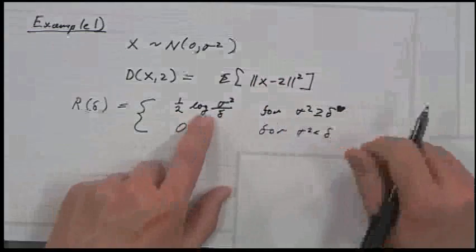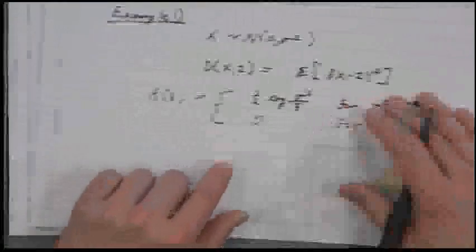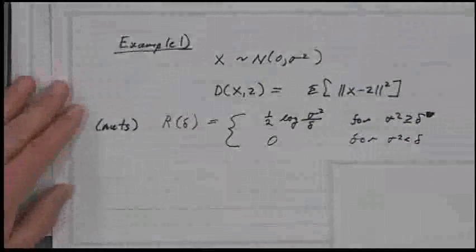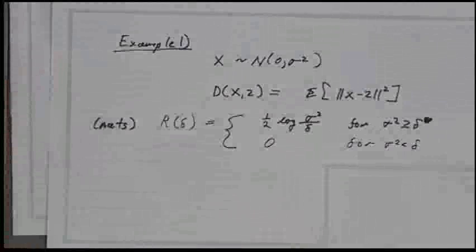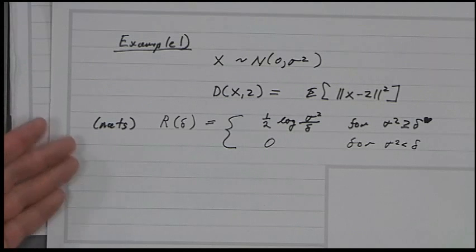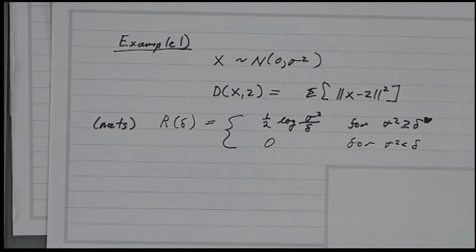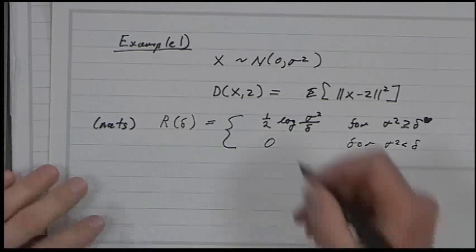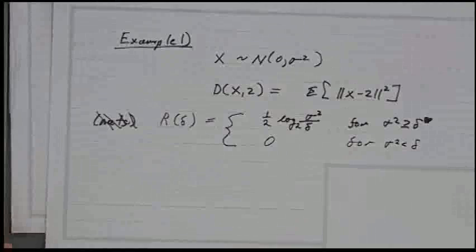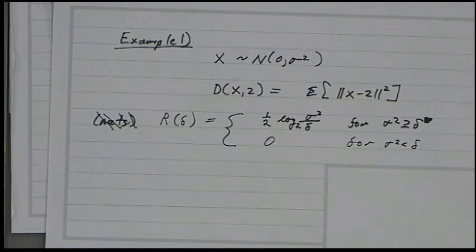If I don't take base 2, then this is in units of nats instead of bits. Nats are just like bits, only they're natural logs. You can either use nats or bits; it's just a conversion factor. If everybody feels more comfortable, I'll just put a 2 there, and then we'll leave it in bits. So this is the rate distortion in bits.